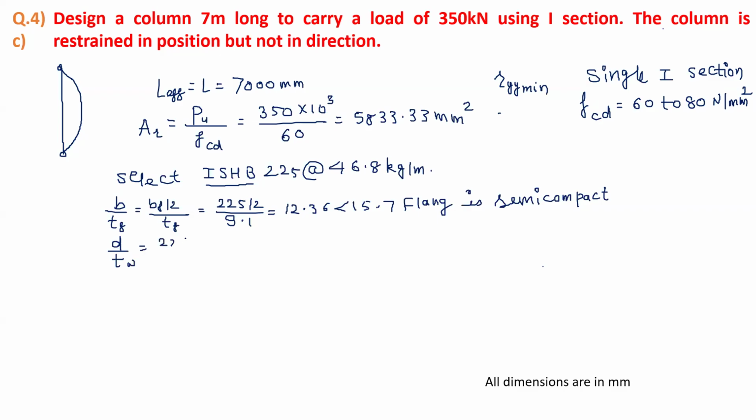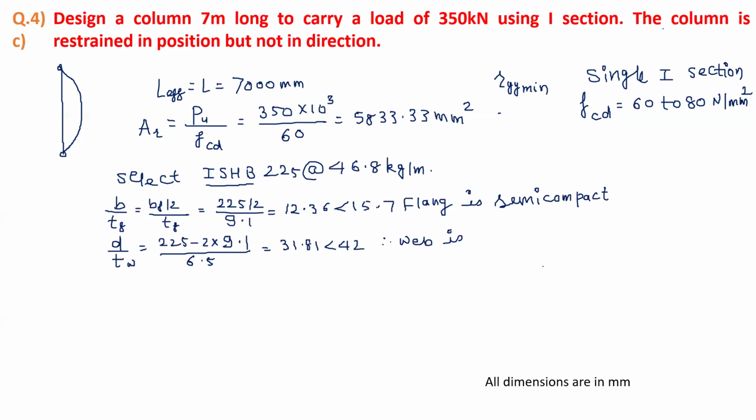So D we have 225 minus 2 into 9.1, and value of TW we have 6.5, which is 31.81, less than 42, and therefore web is, now we have web, we have to consider that it is axial compression.